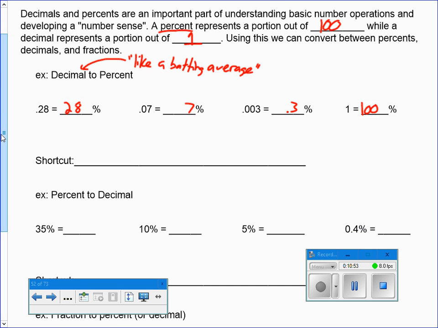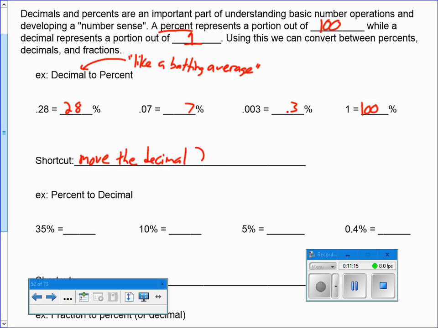So what's our shortcut here? What's the pattern that we're following? 0.28 becomes 28%, 0.07 becomes 7%, 0.003 becomes 0.3%, and 1 becomes 100%. What we're seeing is that we're not changing the numbers. All we're doing is we're moving the decimal point. Alright, how many places are we moving that decimal point?